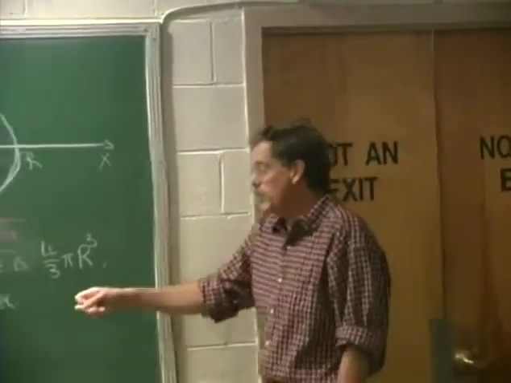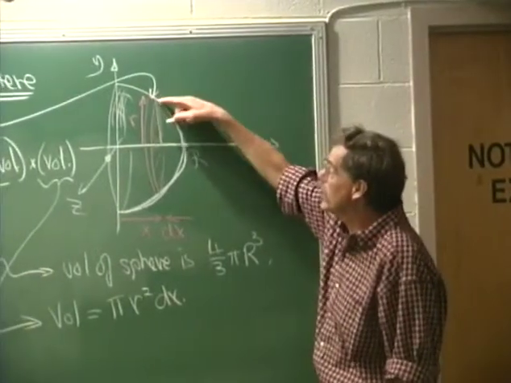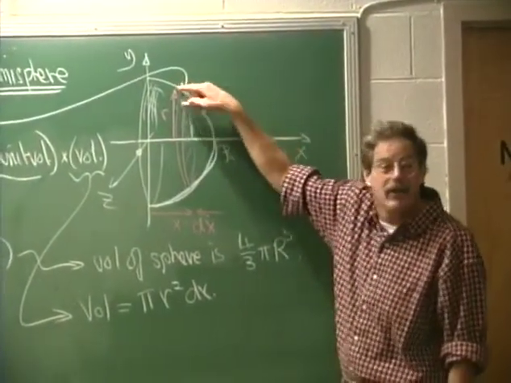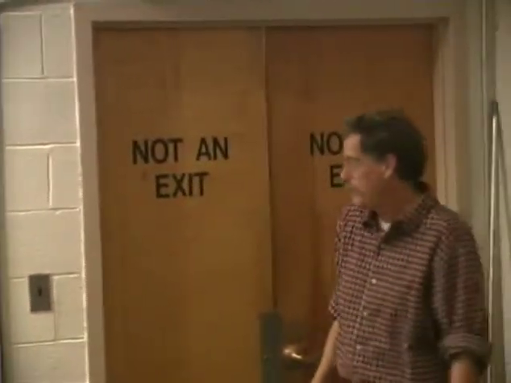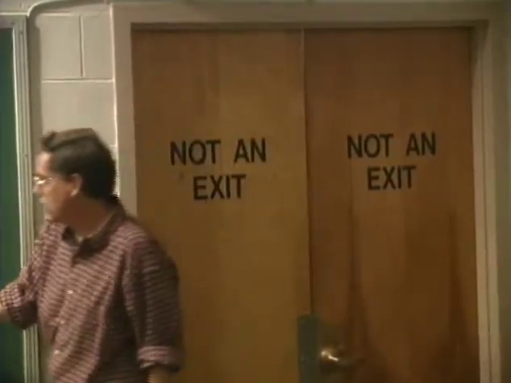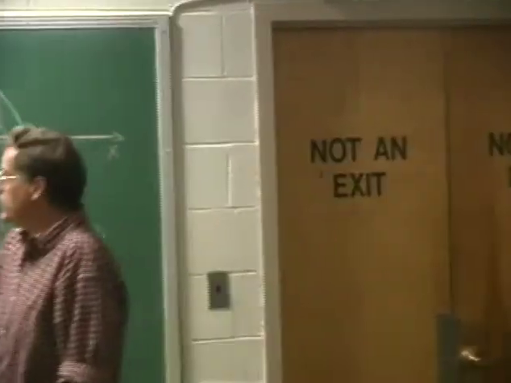The radius is slightly smaller on the right-hand edge than it was on the left-hand edge, but I'm making those things so thin that it's essentially just pi r squared times dx. So what is the dm here?